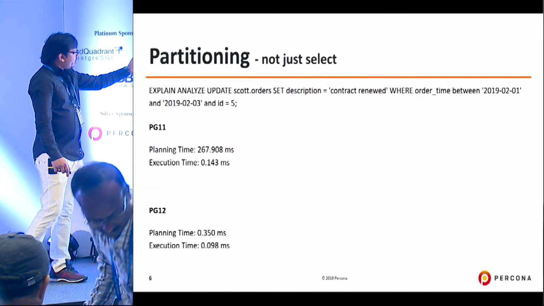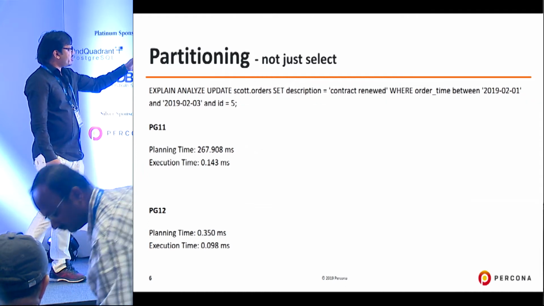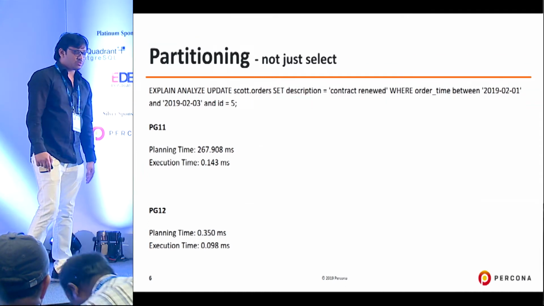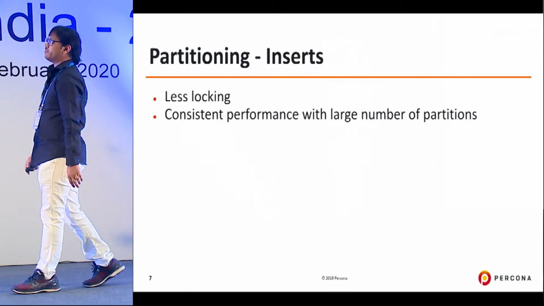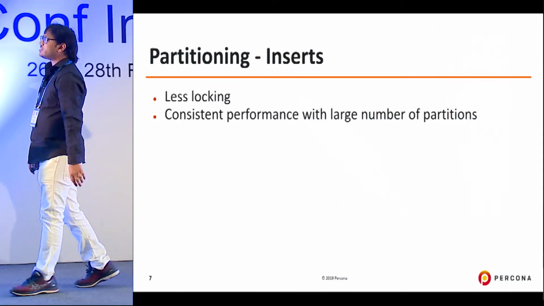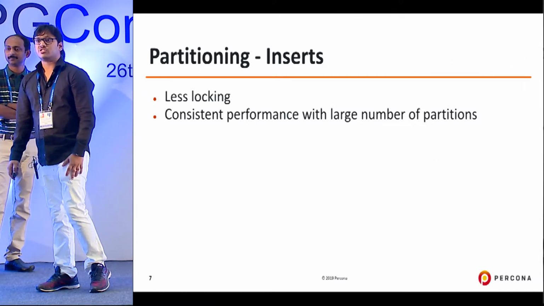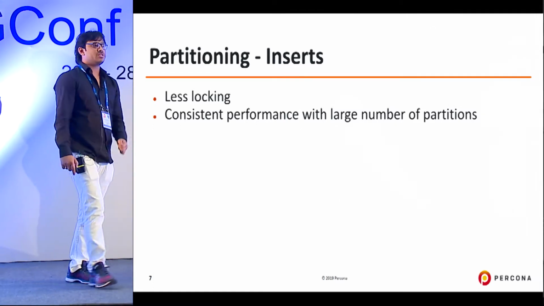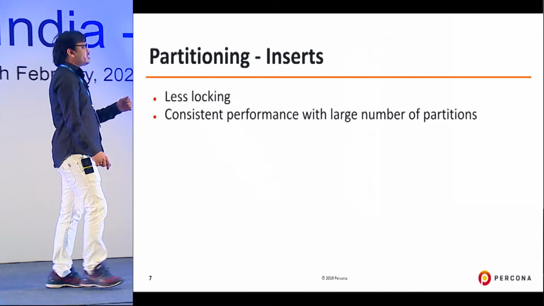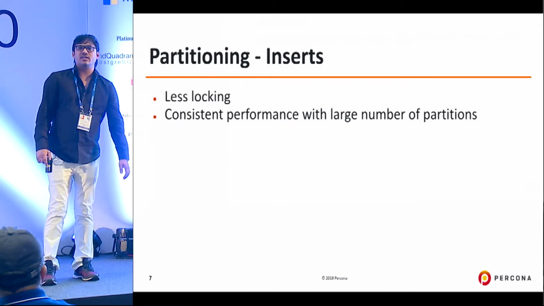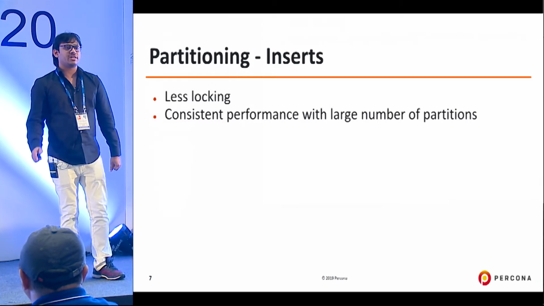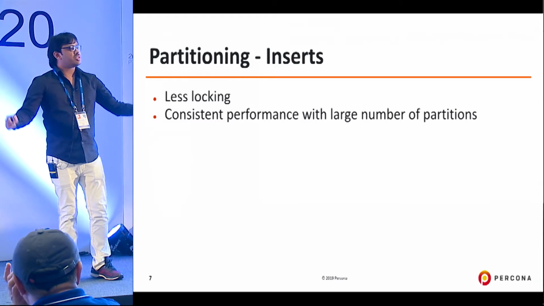I got a planning time of 267 milliseconds in PG11, whereas with PG12 we got 0.350 milliseconds. Inserts to partitioned tables also have less locking. There are a lot of improvements towards inserts, deletes, updates, and selects, and the performance will be consistent even with a huge number of partitions.